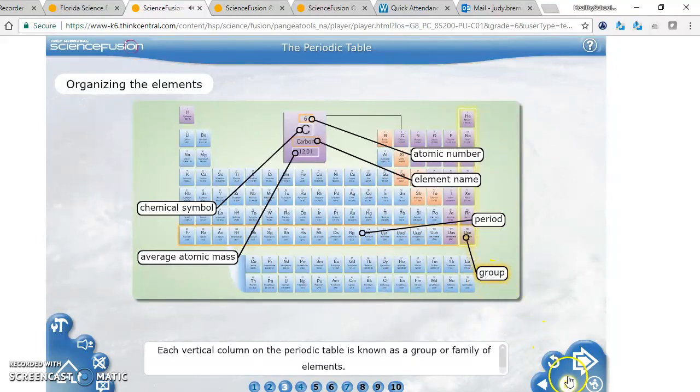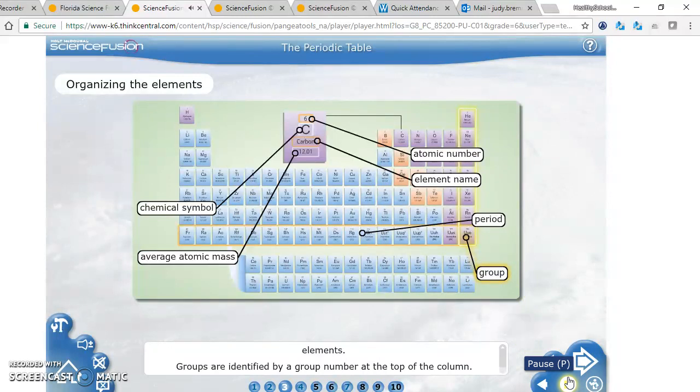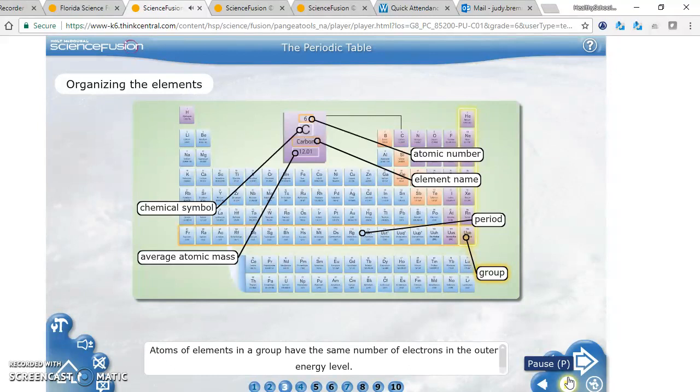Each vertical column in the periodic table is known as a group of elements. Groups are identified by a large group number written at the top of the table. Atoms of elements in a group have the same number of electrons in the outer energy level. They are known as valence electrons.